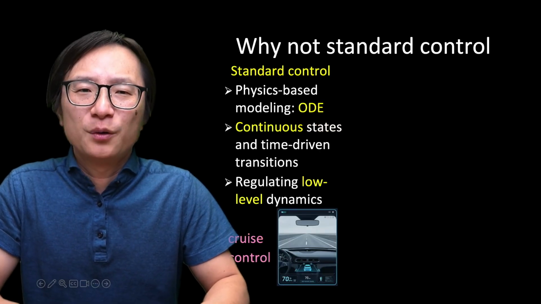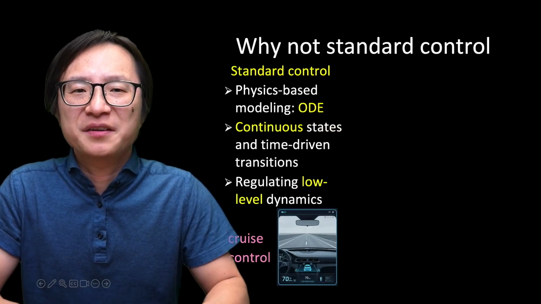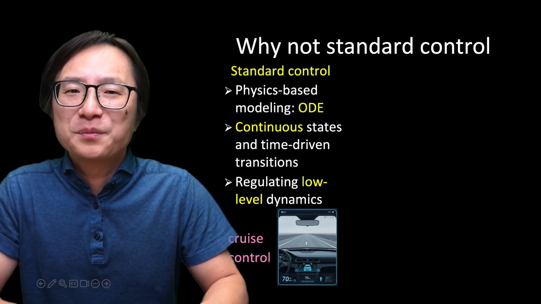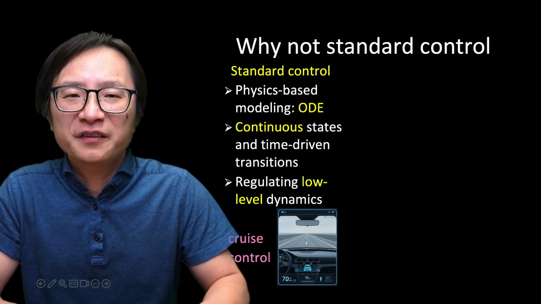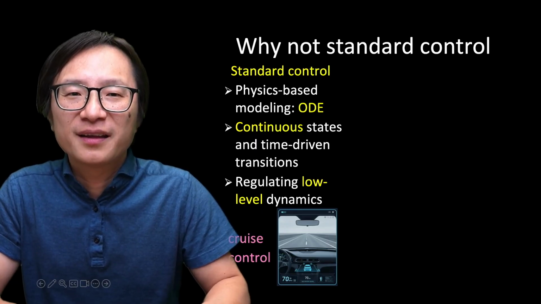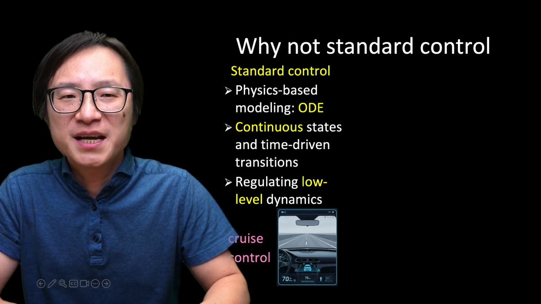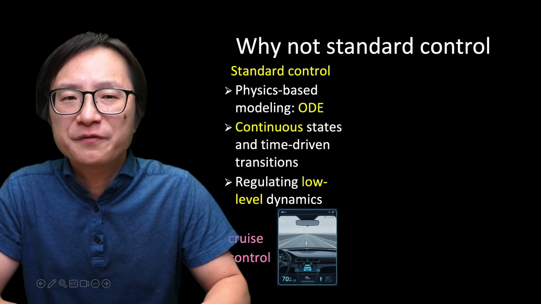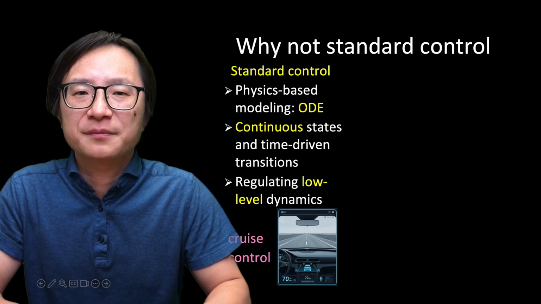You may wonder, why not just use standard control for discrete stuff? You would be right to push me on that. Now, standard control is physics obsessed. It is built on the model of ODEs that involve continuous states like speed, temperature, and time-driven state transitions.